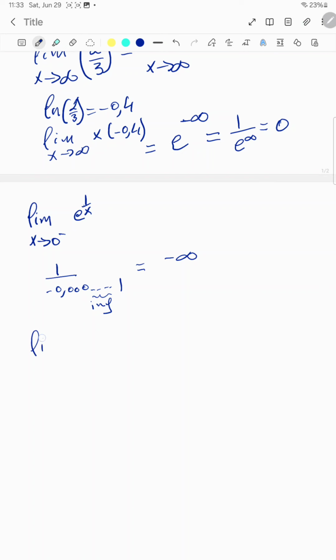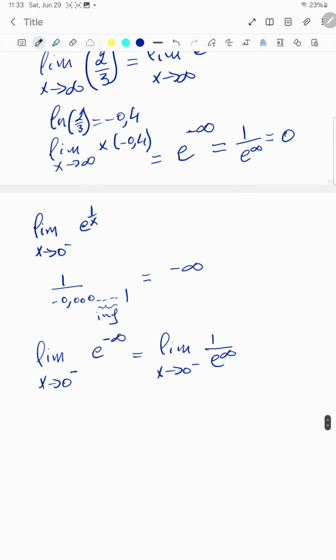So my limit becomes, when x goes to 0 minus, e to the power of minus infinity, which is equal to 1 over e to the power infinity.